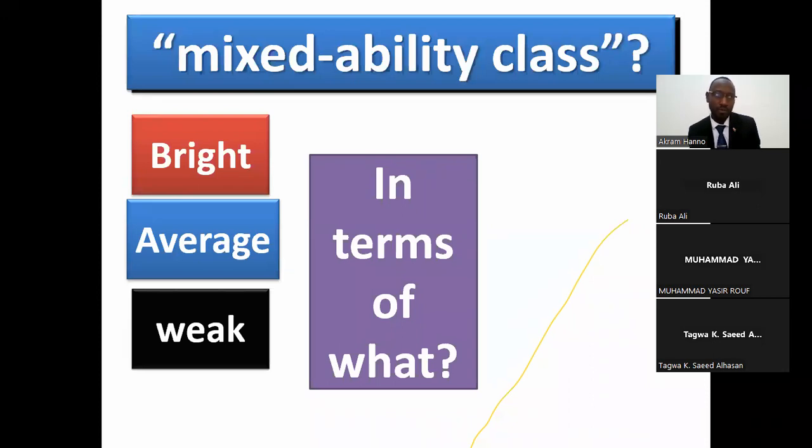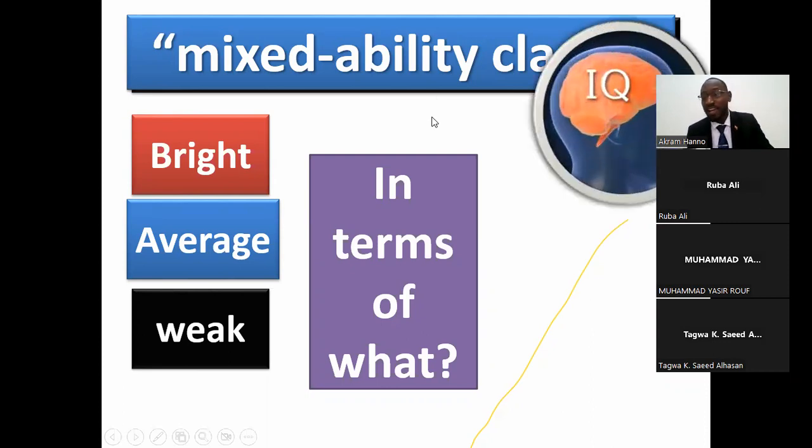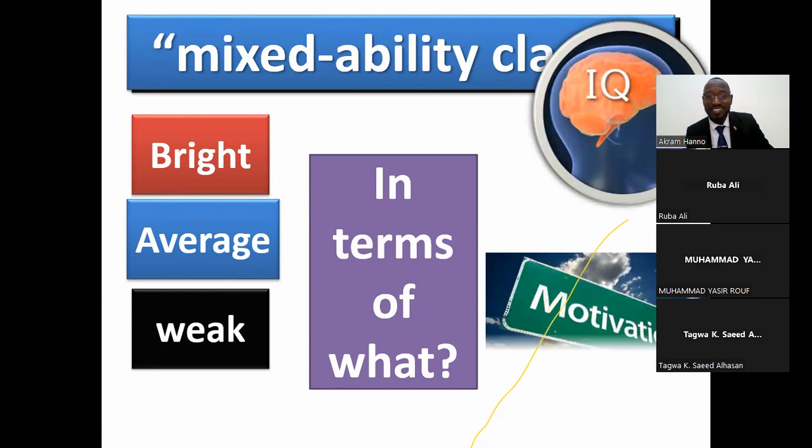So for someone who is weak, you need to tell him that these areas need to be enhanced, or these areas need to be addressed. But telling him he is weak upfront is sometimes a bit harsh. In terms of what? The IQ.